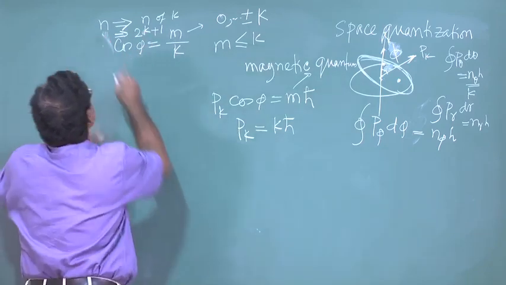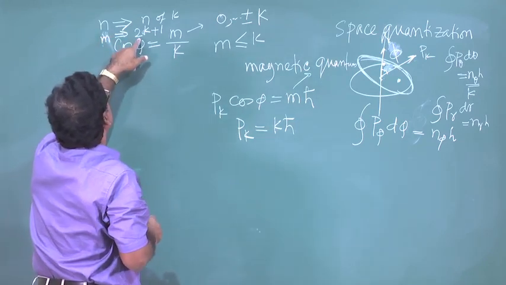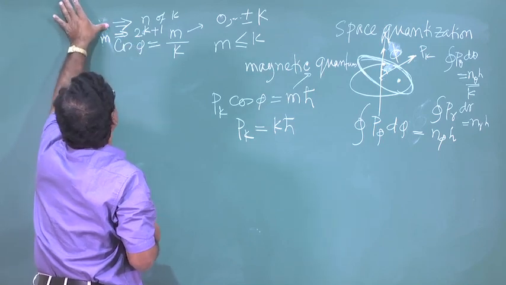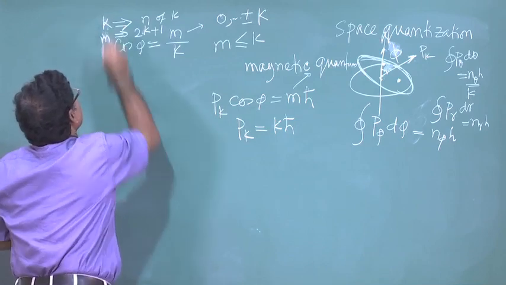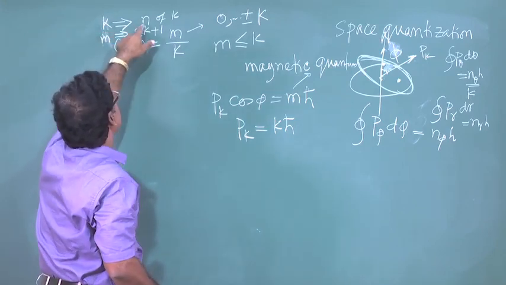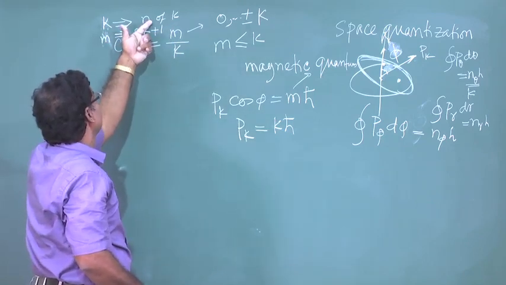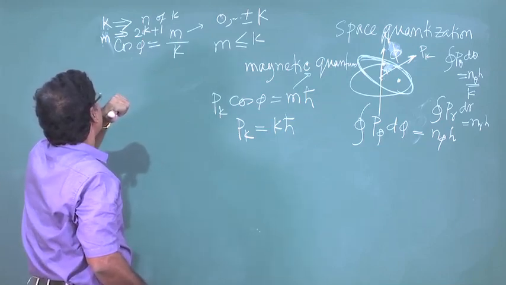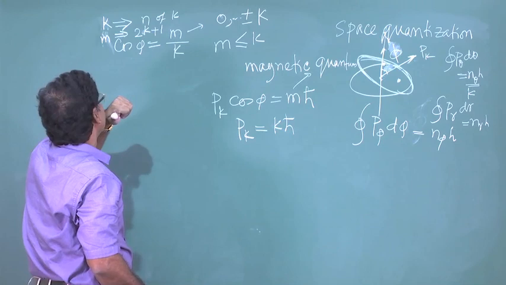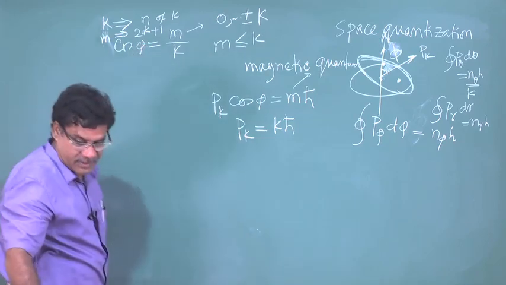How many k values are there for a particular n value? We get n number of k values for a particular n value. I think I am not writing properly.